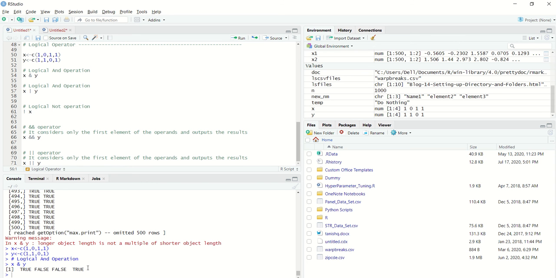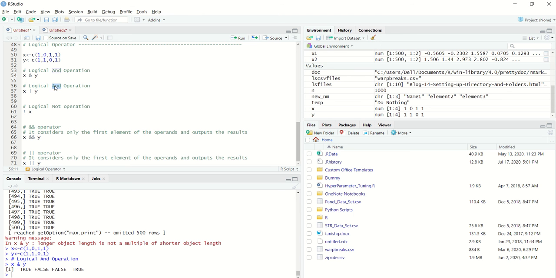So we get true at the first and the fourth position. Similarly, wherever both the inputs are equal to 1 or true, the corresponding output at that position will be true, and otherwise false.